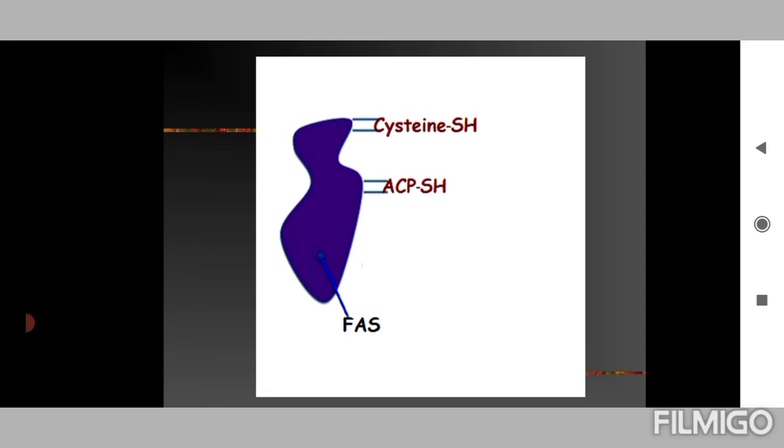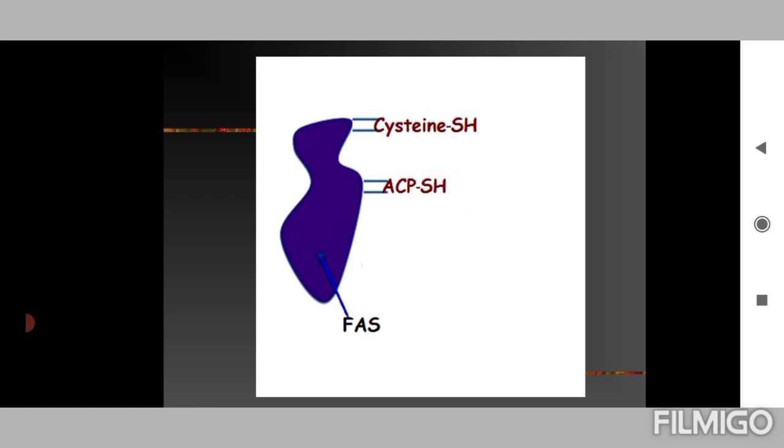Now, when we say that acetyl-CoA is linked to ACP to form acetyl ACP, as well as malonyl-CoA linked to ACP to form malonyl ACP, and further acetyl ACP and malonyl ACP are condensed to form acetoacetyl ACP, what actually happens is that this FAS enzyme has, as I said earlier, the ACP unit with the phosphopantetheine group having an SH group. The phosphopantetheine is not shown here, only the SH group.